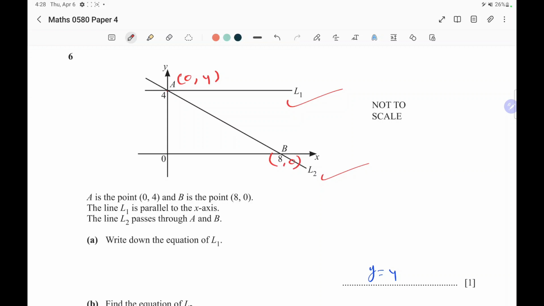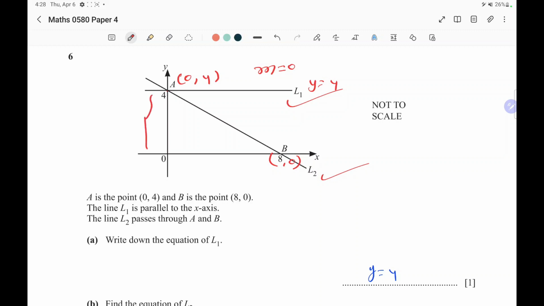L1 is a line parallel to the x-axis. So this line equation will be y equals 4 because it is parallel to the x-axis. Here you know the gradient is 0 and the y-intercept is 4. By the way, for a line parallel to the x-axis which is passing through the y-coordinate c, we write the answer as y equals c.